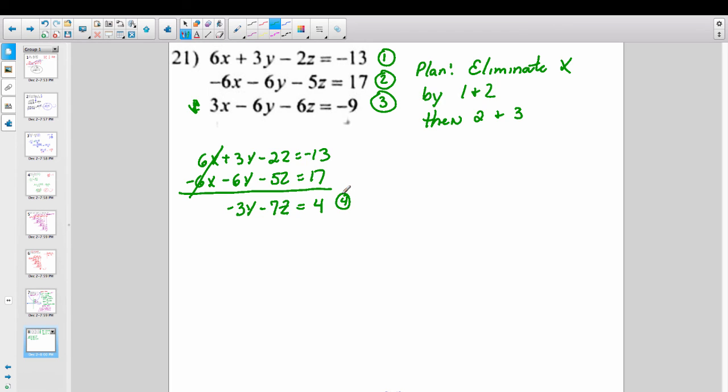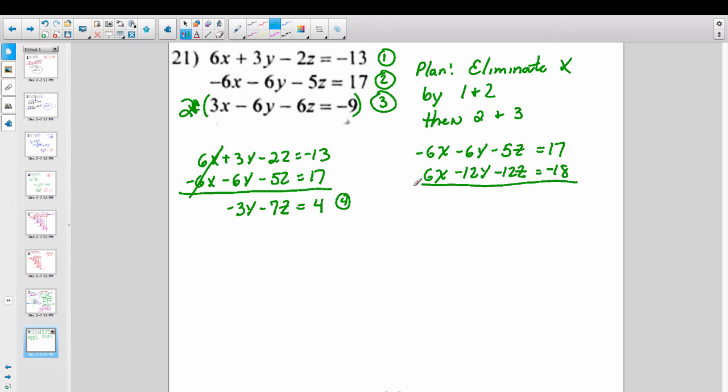Now let's do 2 and 3. So negative 6x minus 6y minus 5z equals 17. Let's multiply this entire equation by 2. That would give me 6x minus 12y minus 12z equals negative 18.